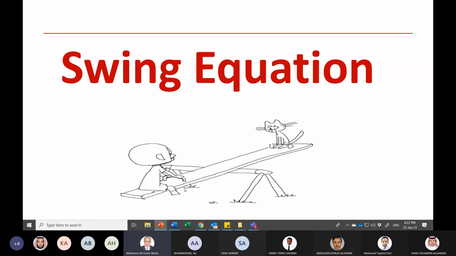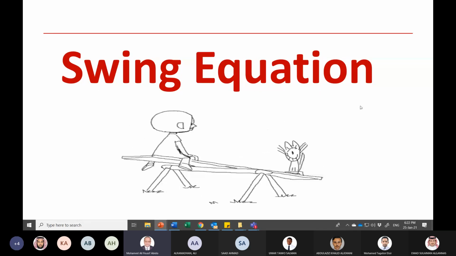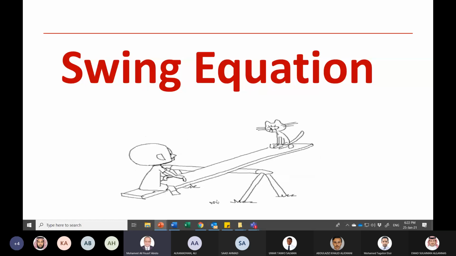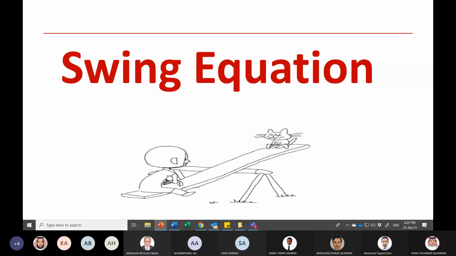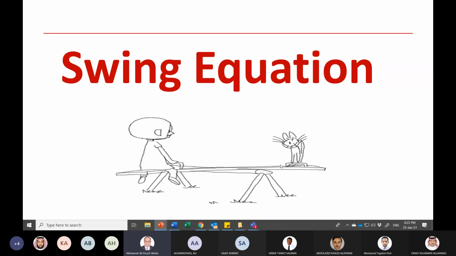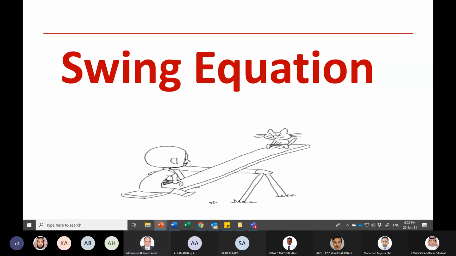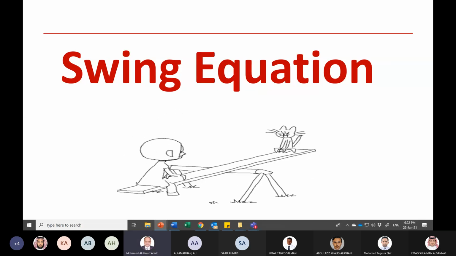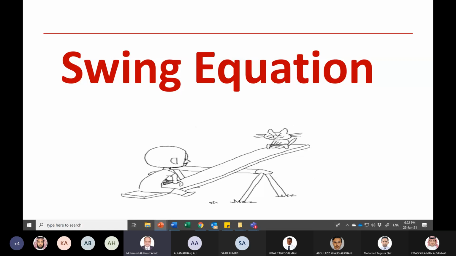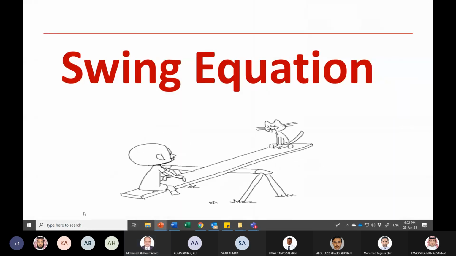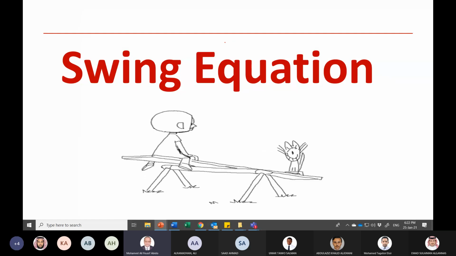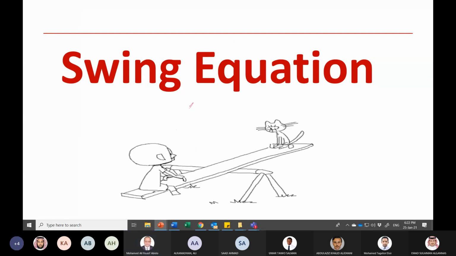Okay, so let us continue. So the swing equation. You can see here the balance swing. So what do you think this one is for the power system?